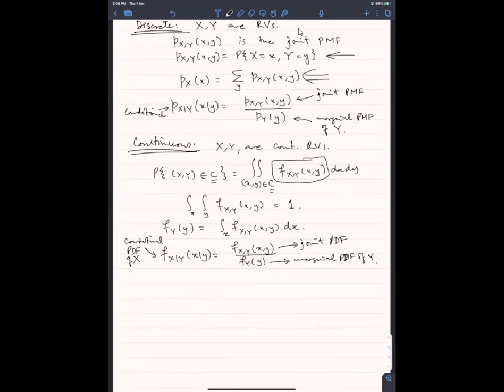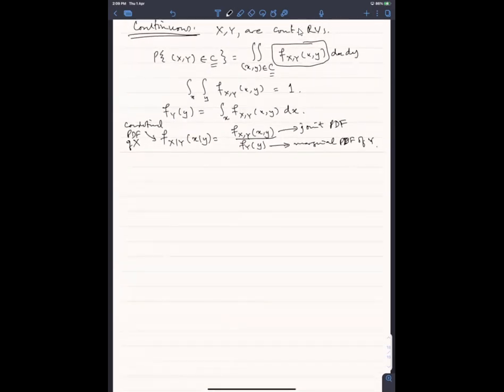Okay, so we will do a couple of examples. Last time we did some examples, and we will do a couple more before I move on to the next topic. The first example is about the discrete case.